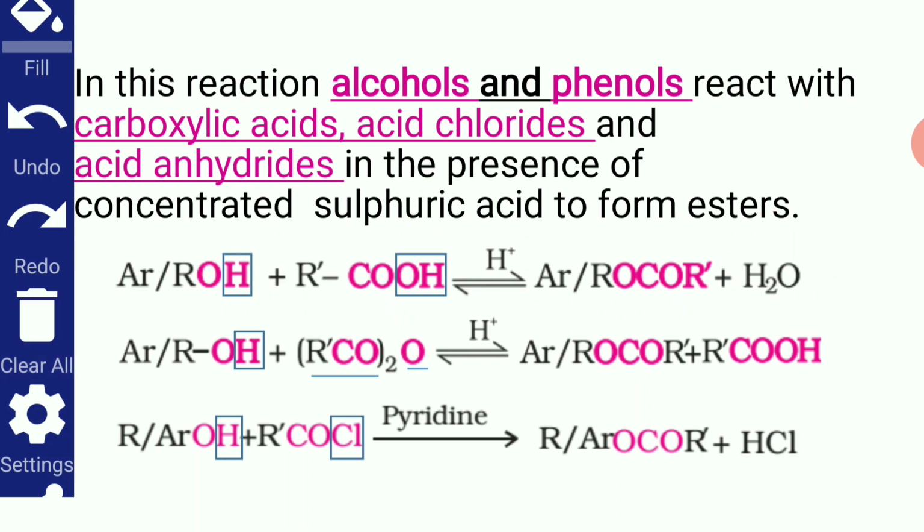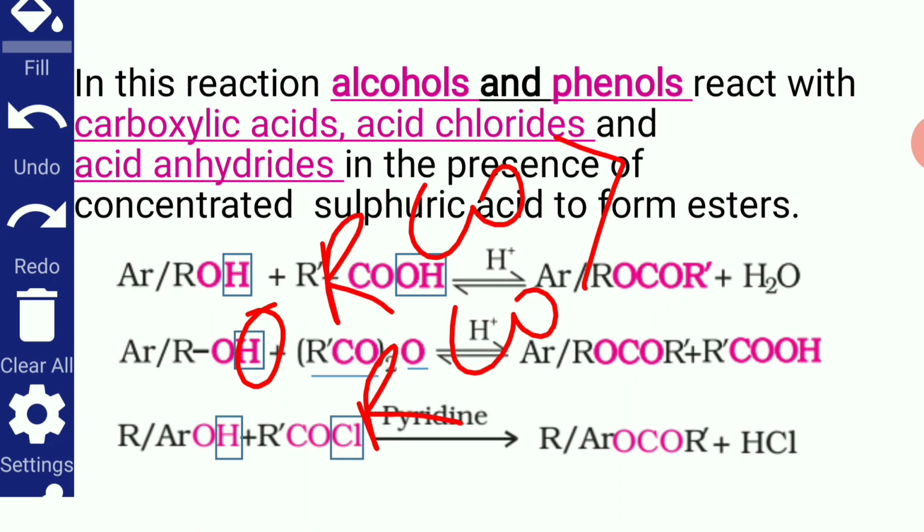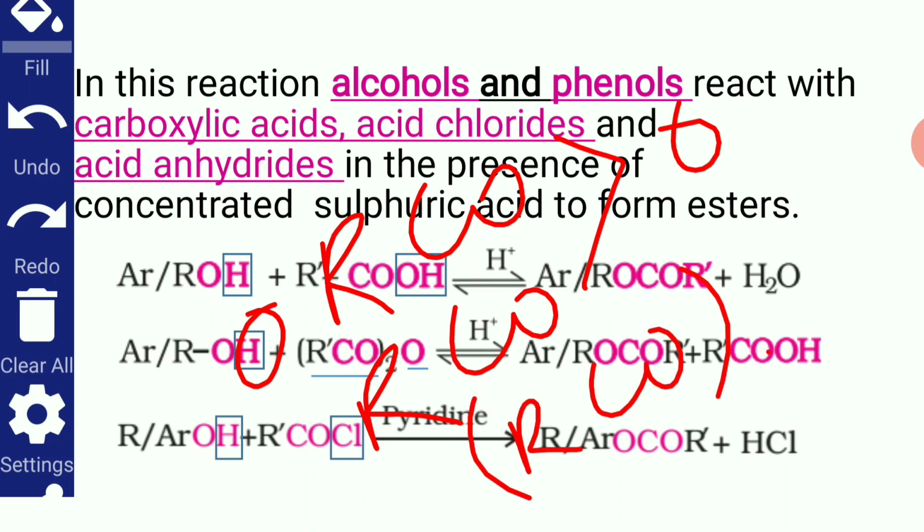Similarly, in the second reaction, we have the hydrogen of alcohol or phenol and the RCO groups of acid anhydride. Acid anhydride is formed by the removal of water from 2 moles of carboxylic acid, so RCO, the whole twice O, is represented in this manner.